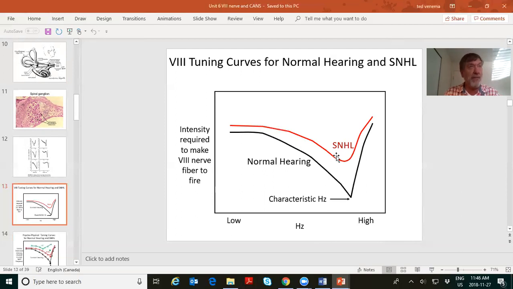It's easier to mask the speech that they want to hear, and background noise wreaks more havoc for someone with hearing loss than it does for someone with normal hearing, precisely because of A, the more rounded and smaller traveling wave, B, the more rounded and elevated tuning curves, and C, the more rounded and elevated psychophysical tuning curves.